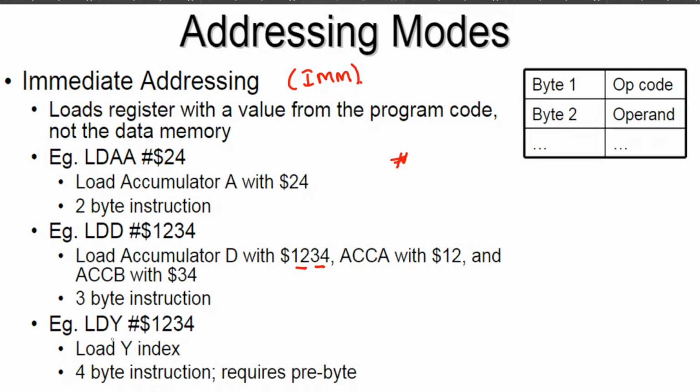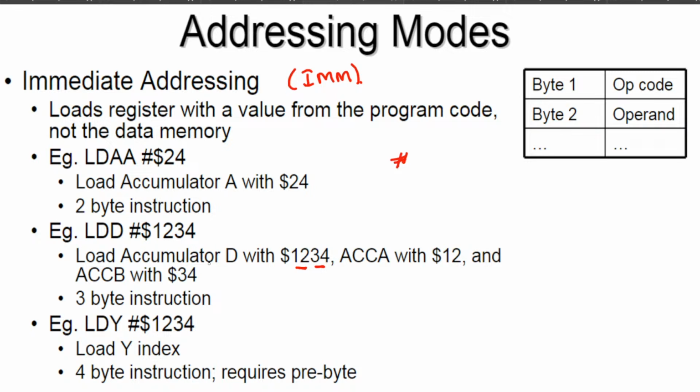Okay, and then LDY, same thing, but this is the index Y register, load Y index. It's a 4 byte instruction that requires a pre-byte. The reason this can be done is because the index Y register takes 16 bits at a time, so you can load 4 numbers at the same time.